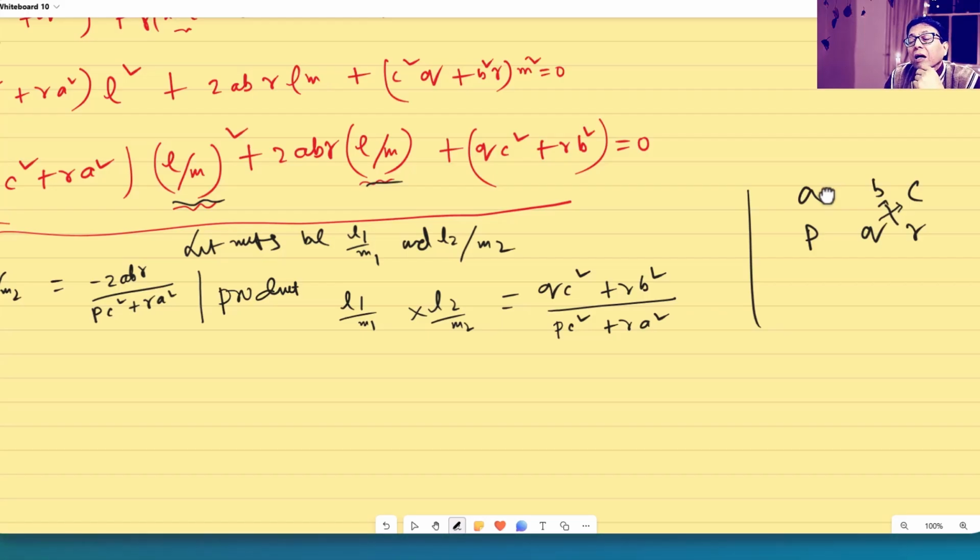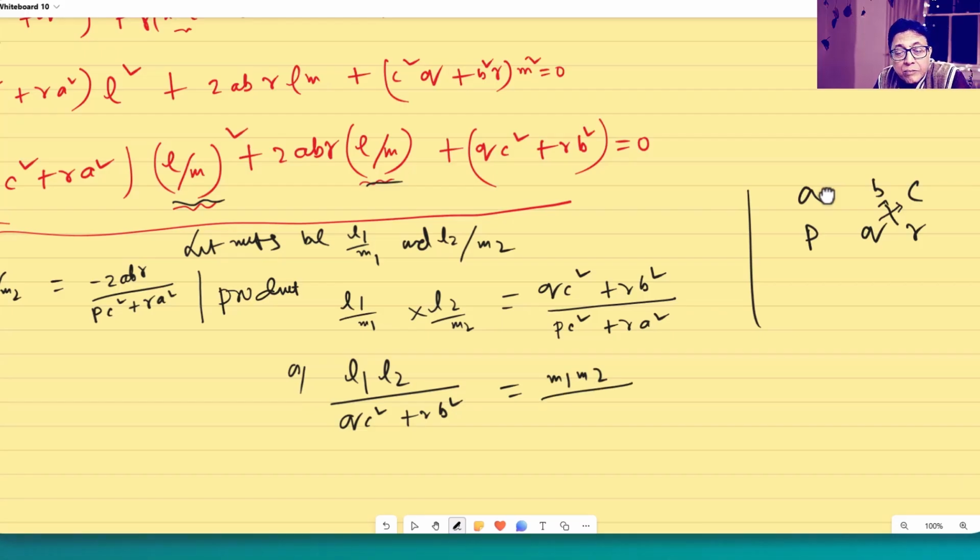If we write in this manner, then the symmetry principle applies. Any symmetry you got? Definitely. First thing, plus signs only are there.